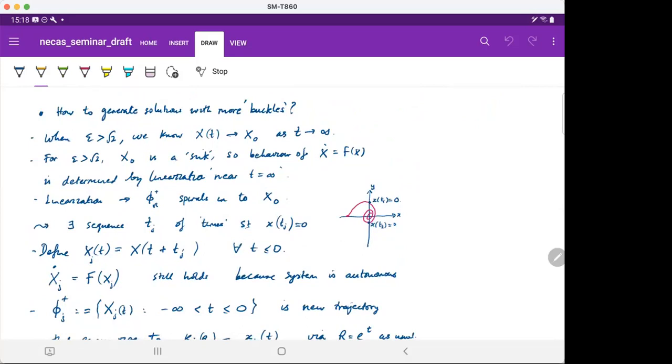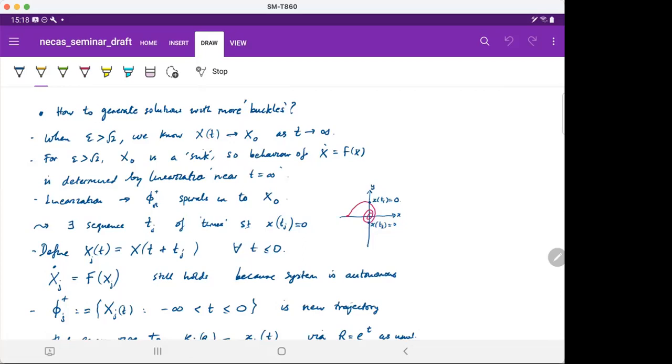So we know that when epsilon is bigger than root 2, if you are a point on this heteroclinic, then eventually you will spiral in to x0, which is the origin. Just by basic arguments, by linearization near the origin, one can work out what this heteroclinic is doing.